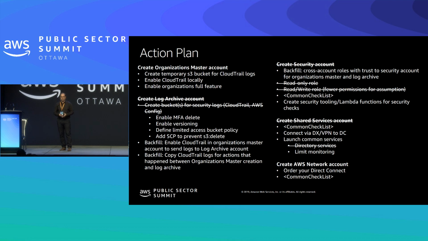Well, that gets created for you. In the security account, the cross-account access roles, so that automation tools can be used to access other accounts, that gets created. That shared service account gets automatically created for you with the baseline requirements, as well as a directory service. So you can see several of the items that if you were to go manually in terms of an action plan, get automatically done for you to save you time.